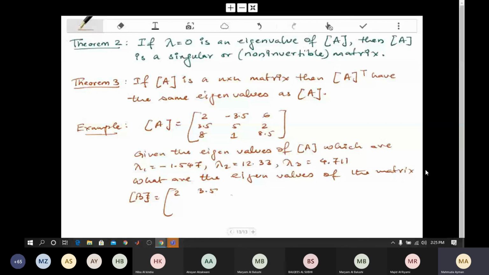Can you give me the eigenvalues for the matrix B? So I've given you a matrix A and the eigenvalues of that matrix, and I'm asking you what the eigenvalues for matrix B are. Could you tell me the eigenvalues for matrix B? 2, 5, 8.5. Wrong. Look into the theorem. This is an example for theorem 3.